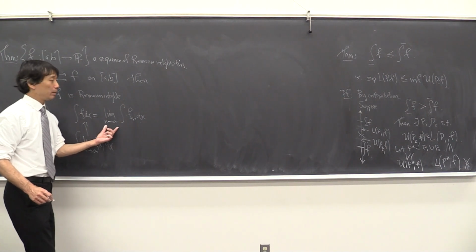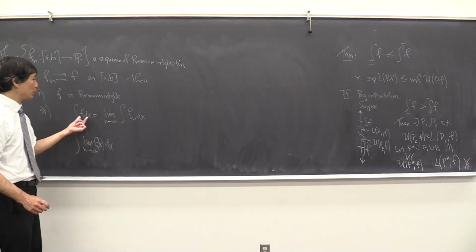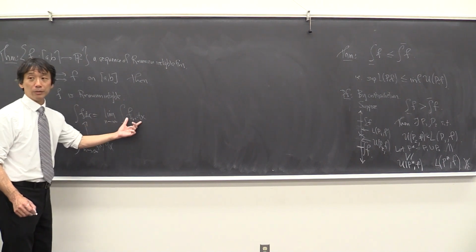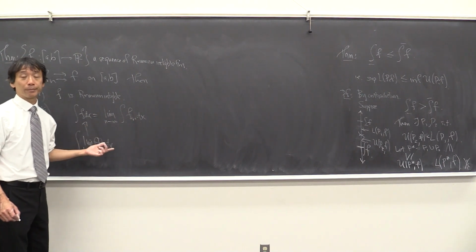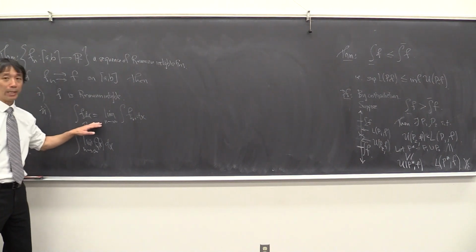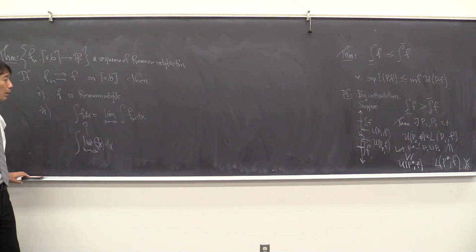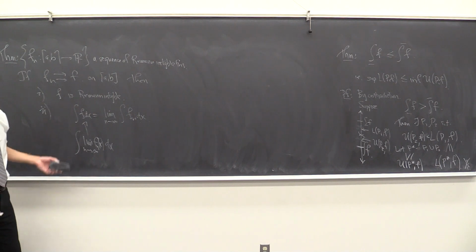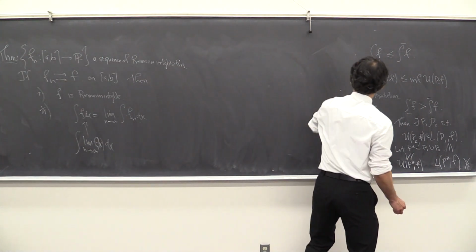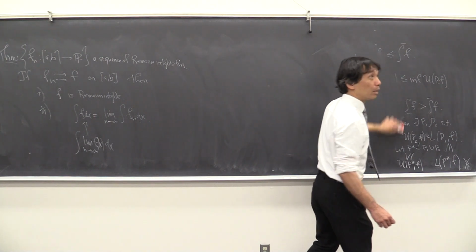Okay, that is, to find the integral of the limit function, you just take the integrals of each of these guys and then take the limit of them. And remember that sort of thing is false for just pointwise convergence.